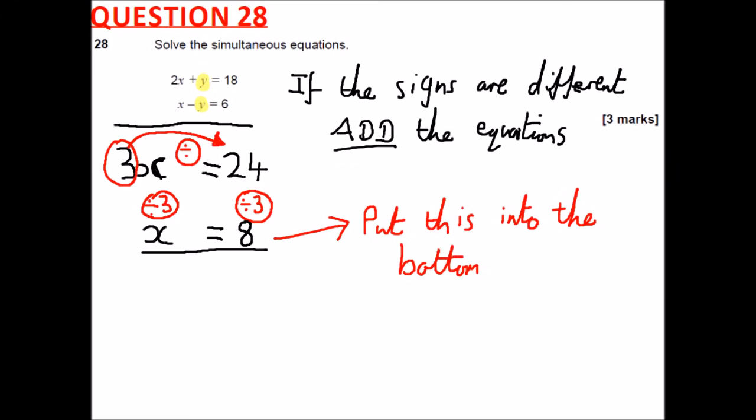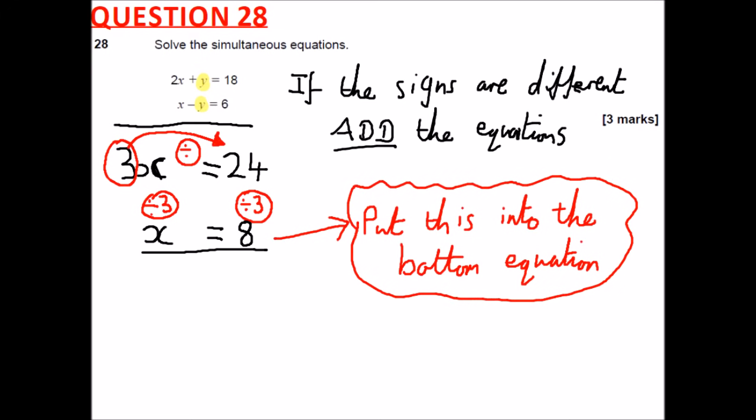Now the bottom equation is one that says x minus y equals 6. So I'm just going to write that out exactly as it is. X minus y equals 6. But we've just worked out what x is. We've just found that x equals 8.